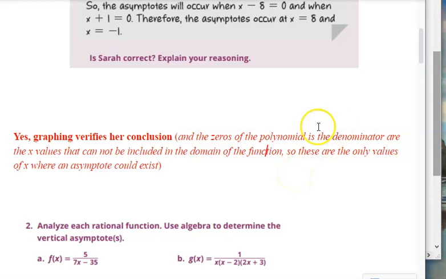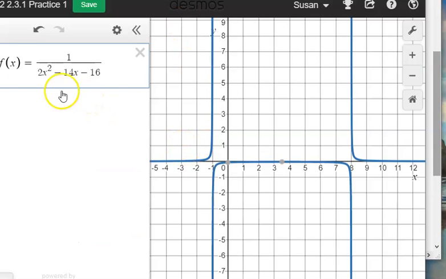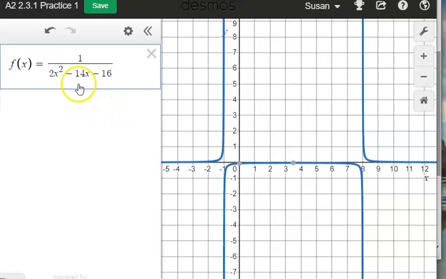So what I've done to show it to you so you can visually see this is I've gone to Desmos and I put in the function that we're given here. And I put in the original function, not her factored form. And you'll notice that there's a vertical asymptote at negative 1 because this graph is not touching negative 1. You can use your cursor to go along this graph, and you'll see the y values just keep getting bigger and bigger, closer to negative 1, but they just won't reach it.